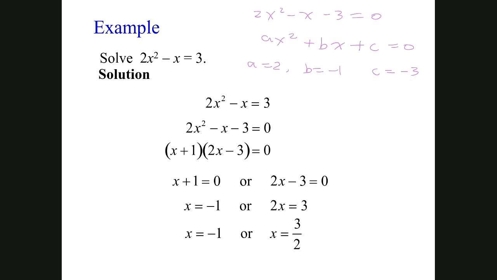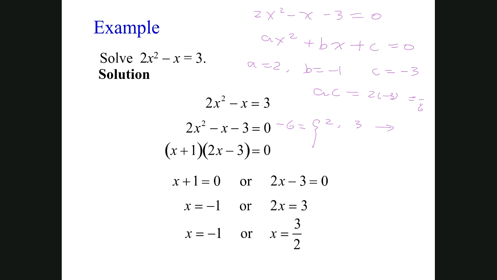So what does the AC method mean? I'm going to multiply A and C together. So it will be 2 times negative 3, which is negative 6. So I'm going to break down negative 6 into two numbers. You can have a 2 times 3, right? And these two numbers add up together has to be equal to the middle term, which is negative 1 in here.